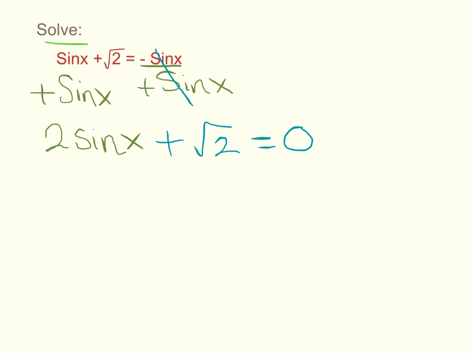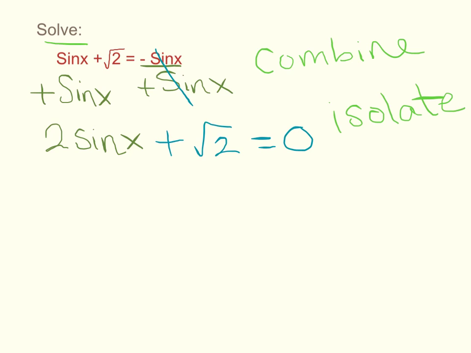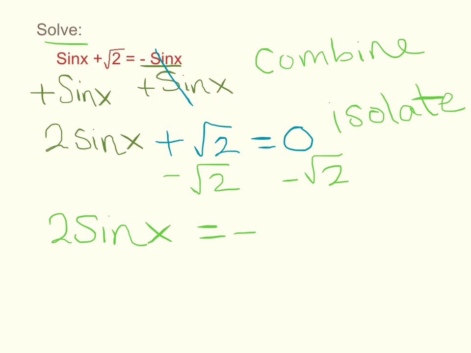So now I'll move stuff away from x. Well, first you combine, and then you start isolating. So I'll subtract the root 2 from both sides. I'll get 2 sine x equals negative root 2.